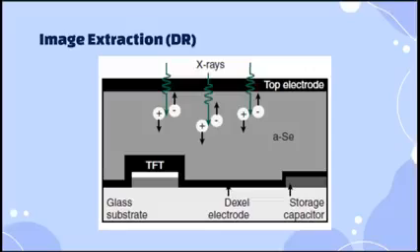The net result is a positive charge built up at the bottom of the semiconductor, which is stored in the capacitor. This positive charge is attracted to the Dexel electrode and stored in the storage capacitor.